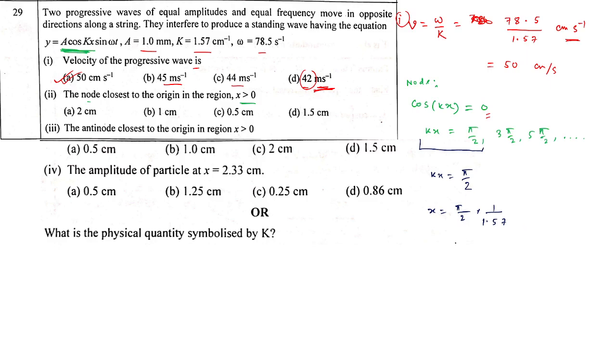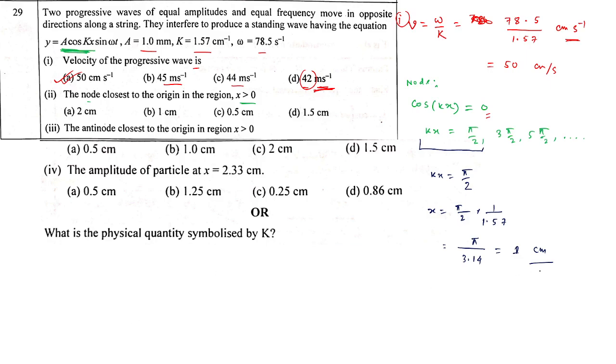If you multiply 1.57 with 2, you'll get 3.14. And the value of pi is again 3.14, so you are getting 1 centimeter. Yes or no? Yes, sir. So this is the location or position of the node.